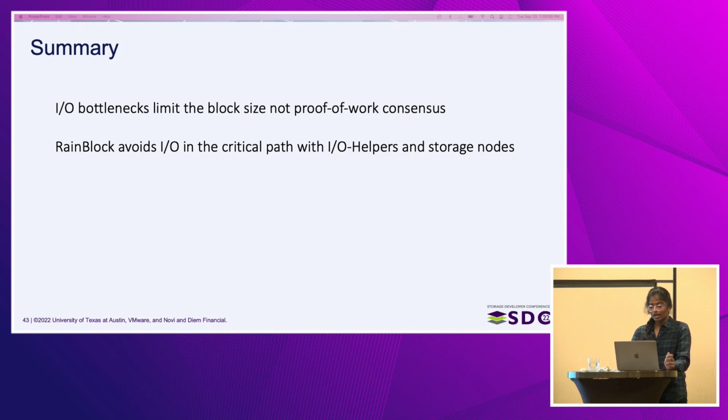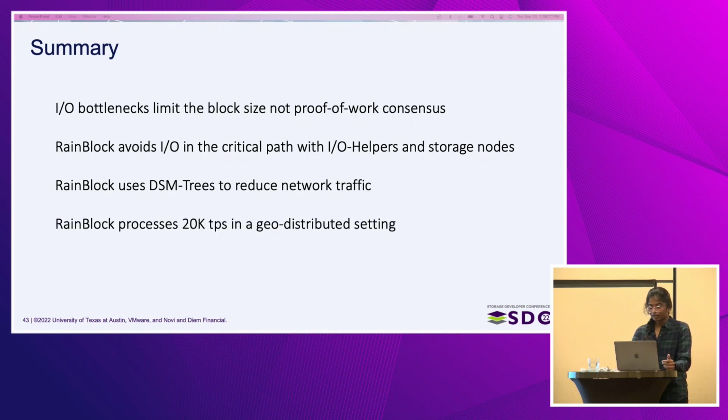It avoids I/O in the critical path of processing transactions by introducing I/O helpers and storage nodes. RainBlock uses the novel distributed sharded Merkle tree data structure to reduce network traffic, and it can process about 20,000 transactions per second in a geo-distributed setting.